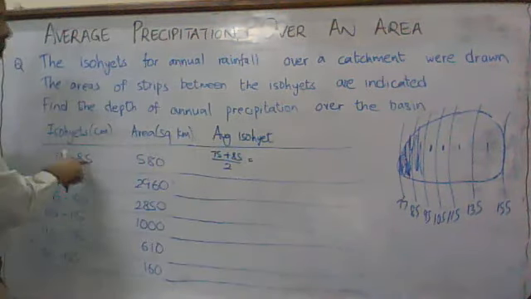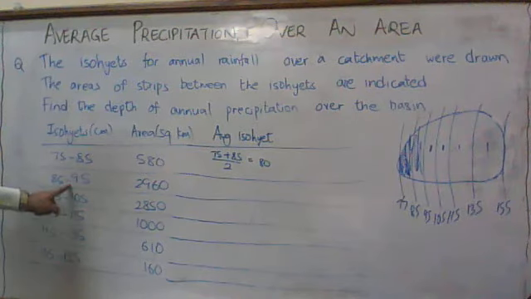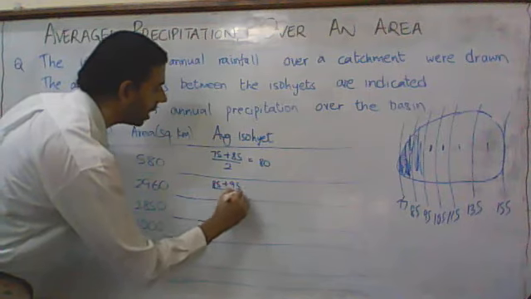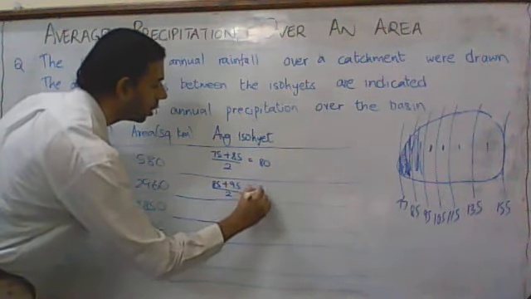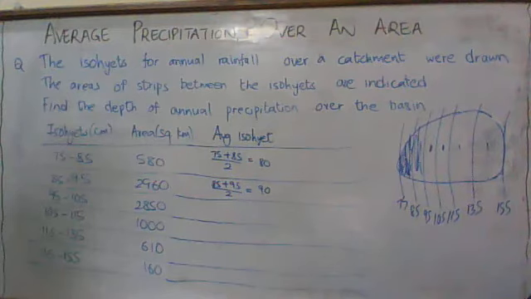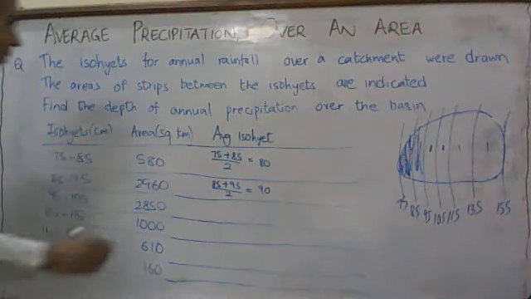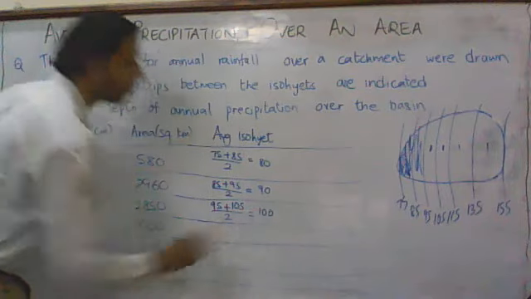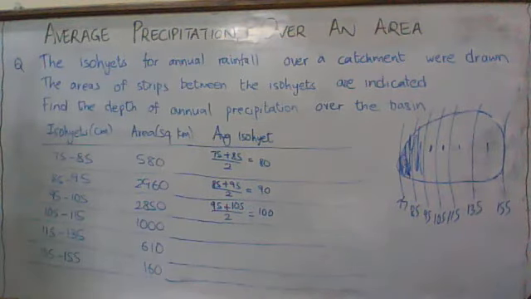That comes out to 80. Similarly, average of this will be 85 plus 95 by 2. This comes out to 90. Average of this will be 95 plus 105 by 2. This comes out to 100.